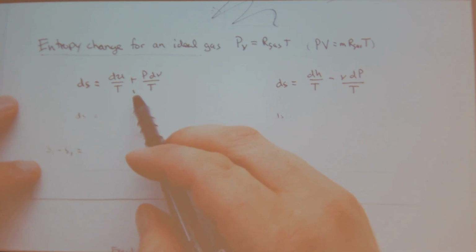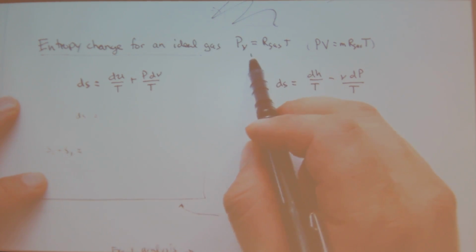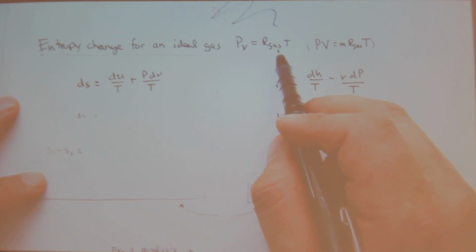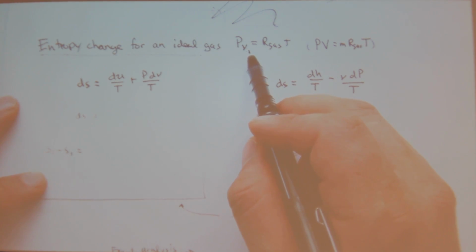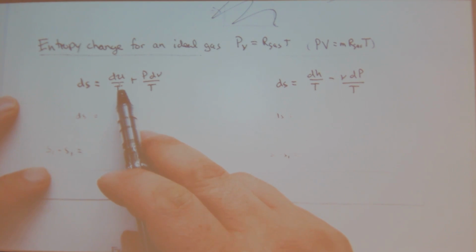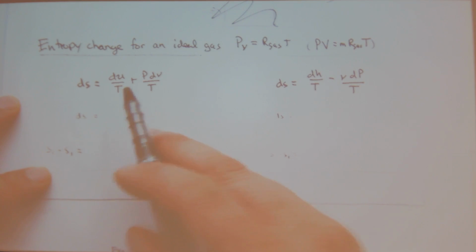And for an ideal gas, I have a relationship for the pressure as a function of specific volume. And also for an ideal gas, I can use the standard relationship for the heat capacity at constant volume.